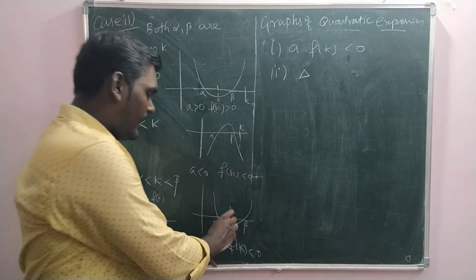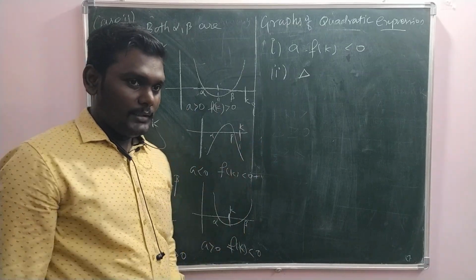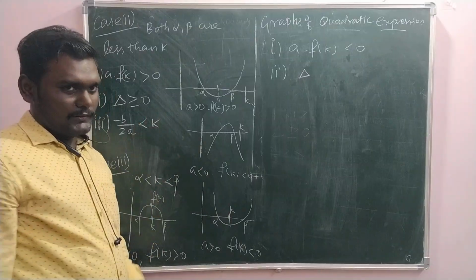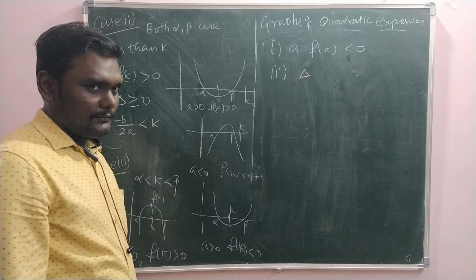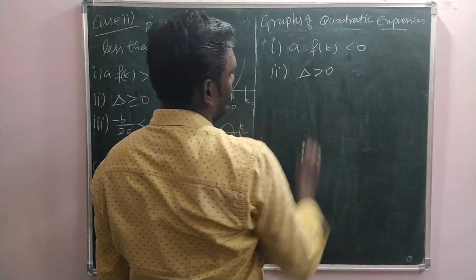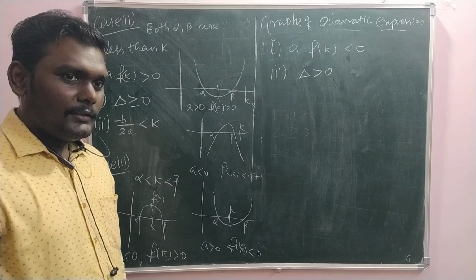But here there is a gate between alpha and beta. We surely know one value is there because it is strictly less than. So there must be two distinct roots. There is no chance of equals. So delta will be strictly greater than 0.